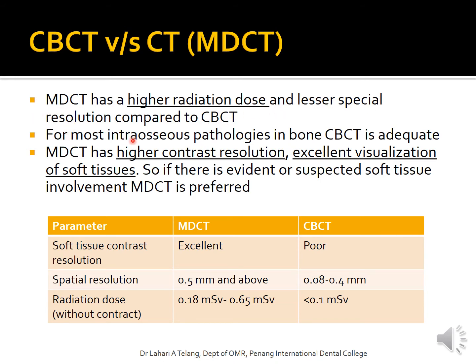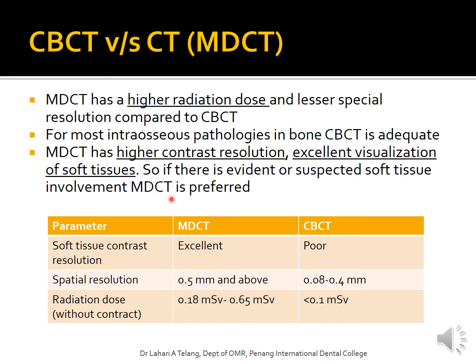So for most intraosseous pathologies in the bone, a CBCT is considered adequate, now that we're using CBCT more often and it is available more easily. Whereas a CT scan has high contrast resolution and gives you much more excellent visualization of soft tissues. So if there is evident or suspected soft tissue involvement, then CT is the preferred modality rather than a CBCT scan.